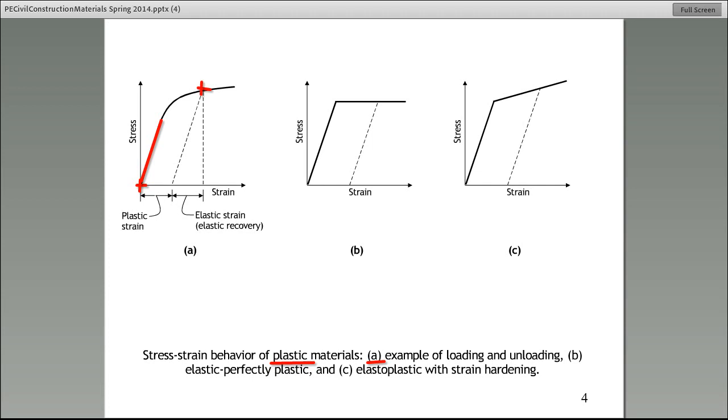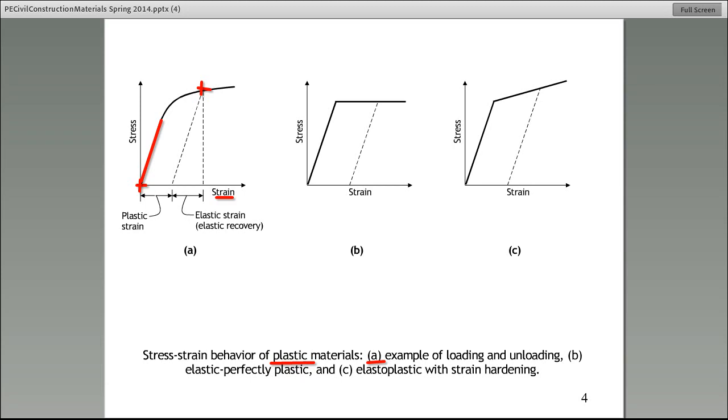Let's say this specific material, we place load on it, and the load exerts a stress, and then the material shows some type of strain.